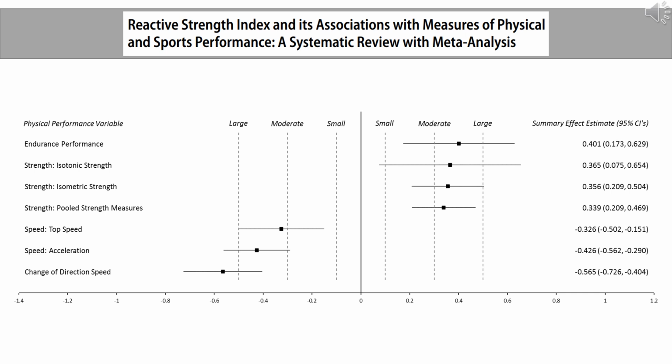And there are problems with ratios because we create one single value when it's actually made up of 2 component parts or 2 sources of information. So remember that it's all about the metrics that we choose from the tests, and not just relying purely on what lots of studies and what lots of practitioners have done historically. And I think that RSI as a metric, because it's a ratio, has its limitations, as you can see from these small to moderate correlations with other measures of physical performance.